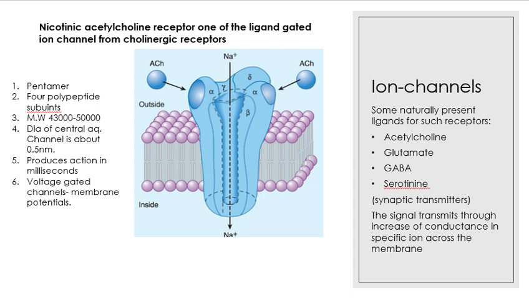The molecular weight of this receptor ranges from 43,000 to 50,000. As soon as the receptor binds to acetylcholine, it opens the central aqueous channel for the sodium, and it causes sodium influx in the cell.